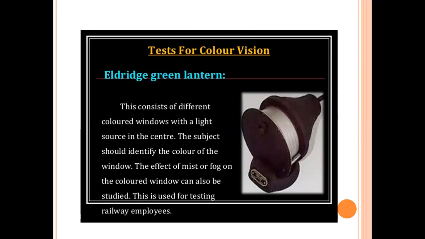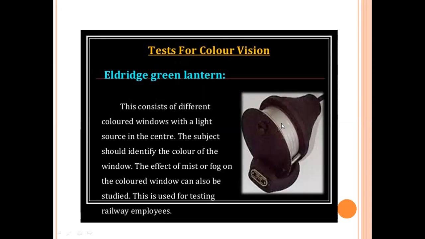Edridge-Green lantern test, in that you have this particular type of instrument. Mainly there are slots. One slot has an aperture through which we have to see the different colors.